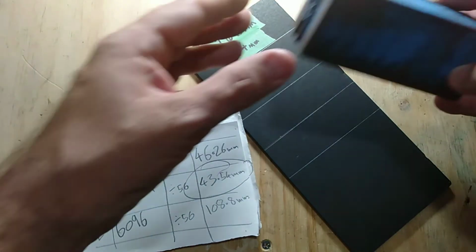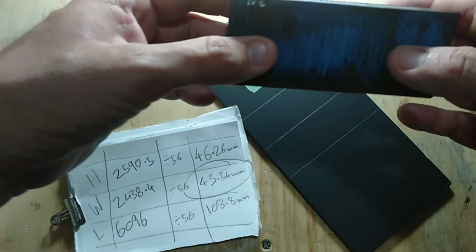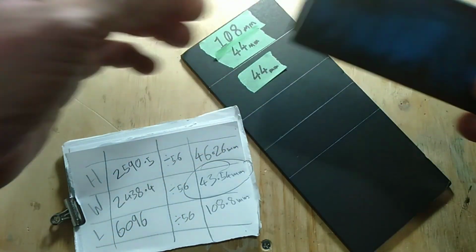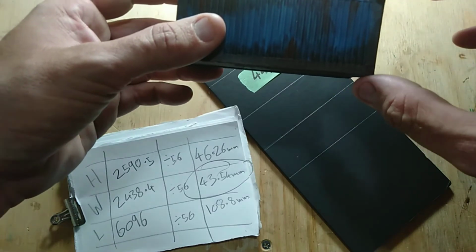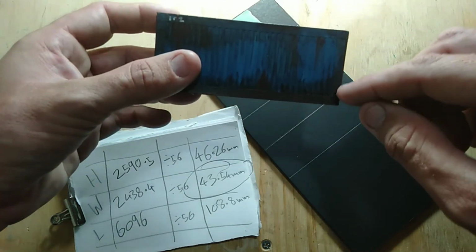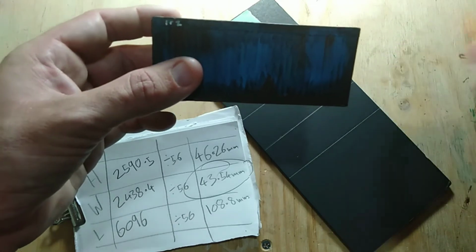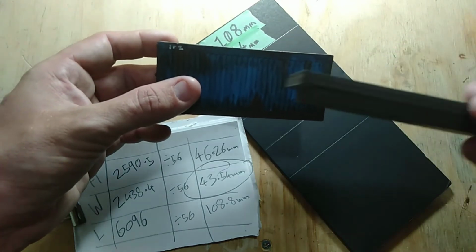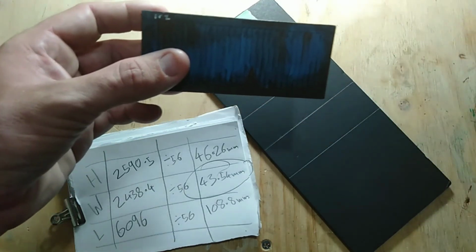Now we need the sides. So we've got the top, we've got the bottom, we need these sides. And these sides need to be 46.26 millimeters high. But we need to allow for the thickness of two pieces of coral flute that are going to be the top and bottom.